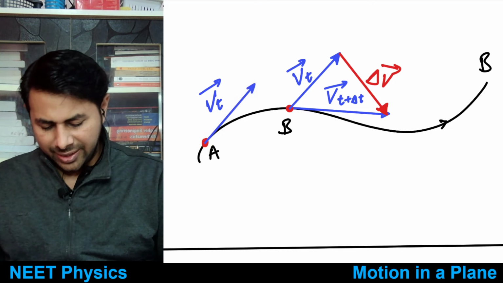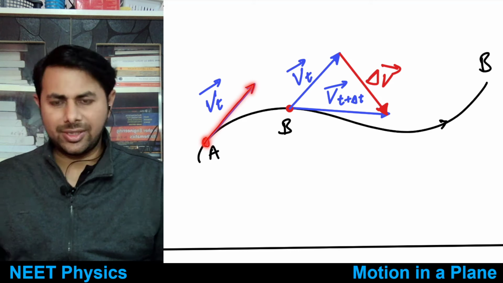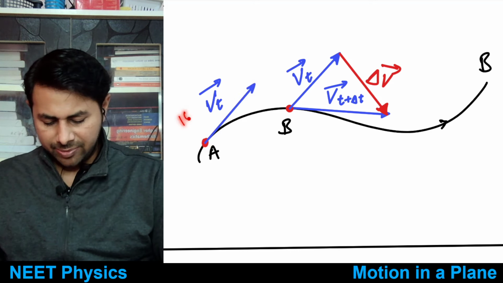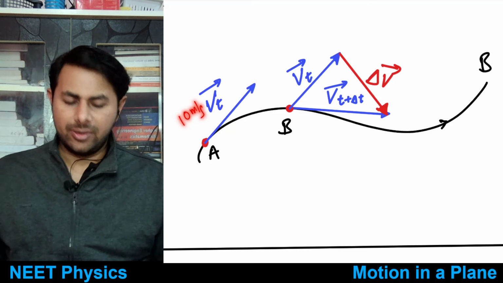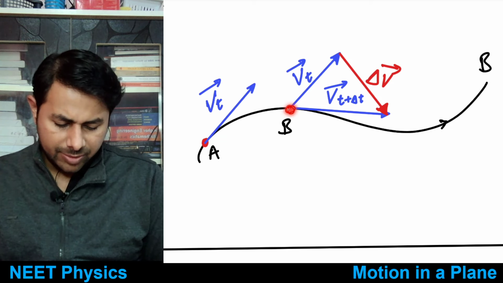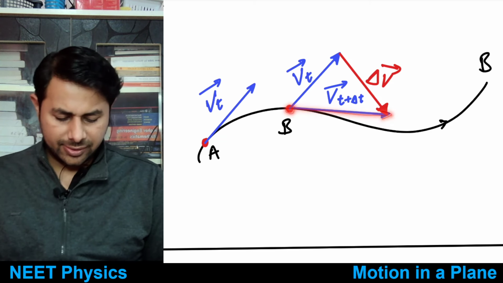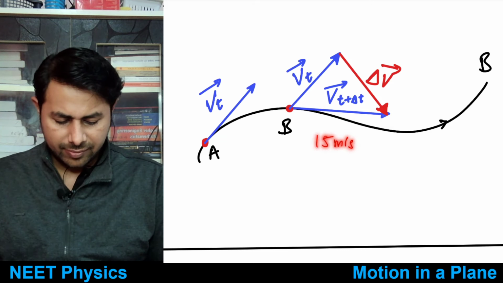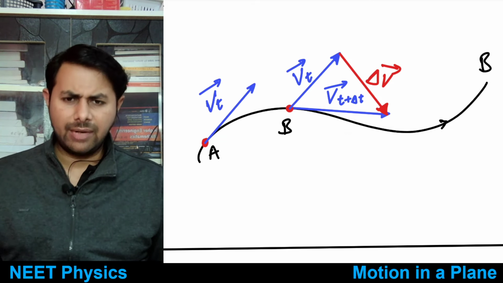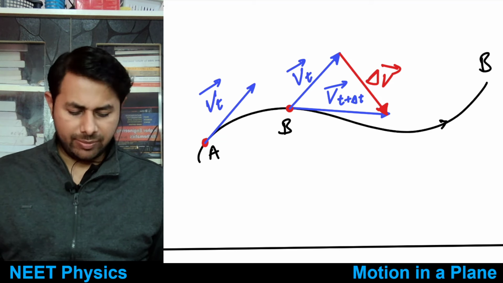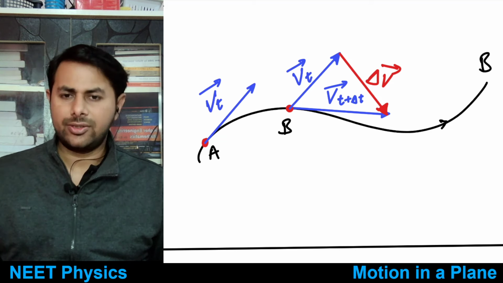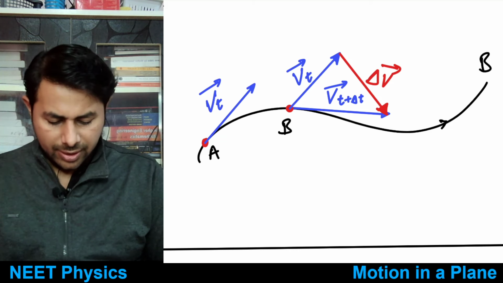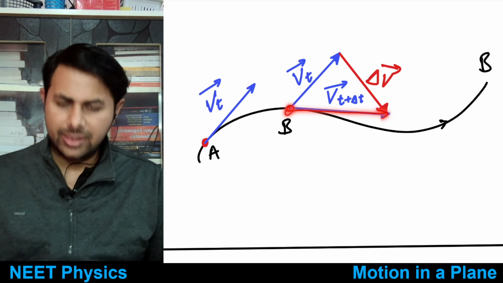At point A it's moving in this direction, let's say with 10 meters per second. At point B it's moving along this tangent, but here suppose it is some 15 meters per second, right? The magnitude can be the same or different. So suppose we know the magnitude.